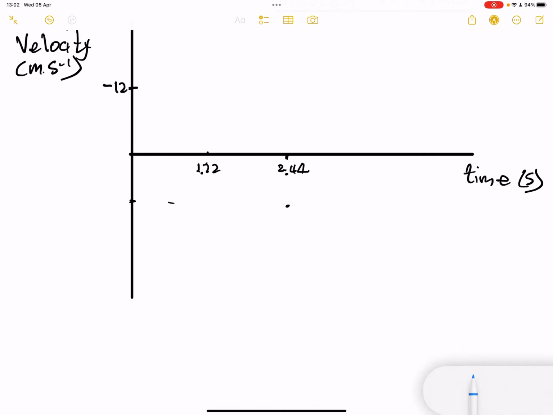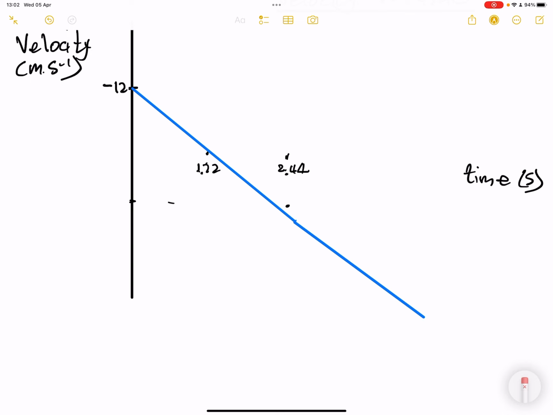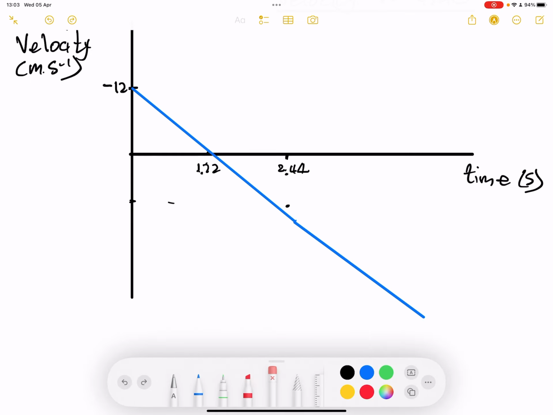Okay, so my graph should look something like that. Let's try as much as possible, but remember we can even go further down, right? And remember that velocity time graph is a straight line graph. You should indicate your axes as much as you possibly can, right?